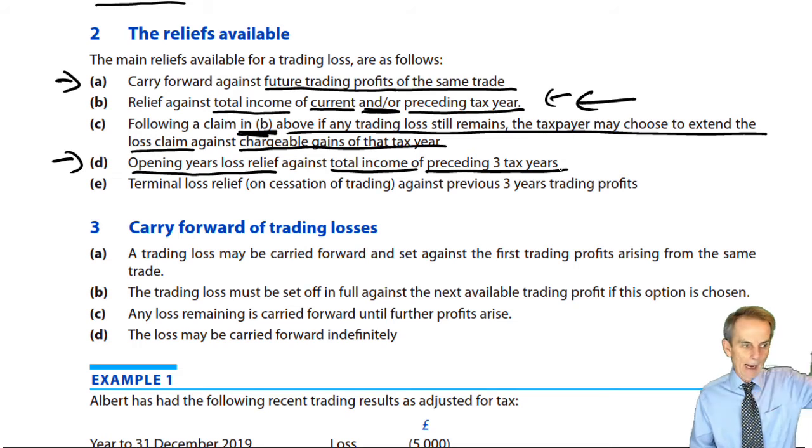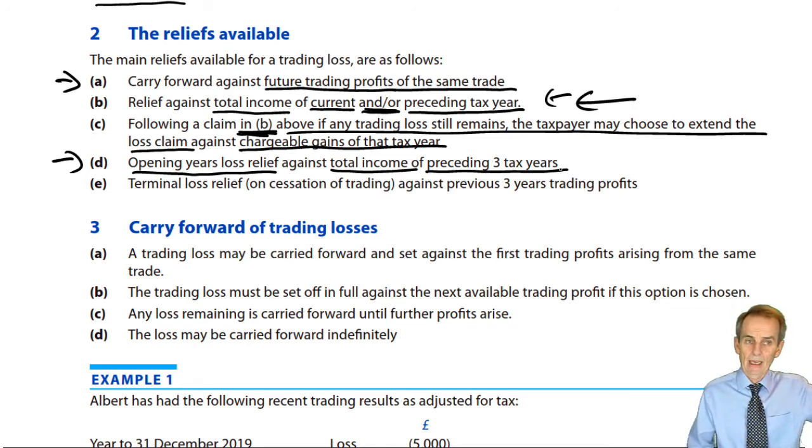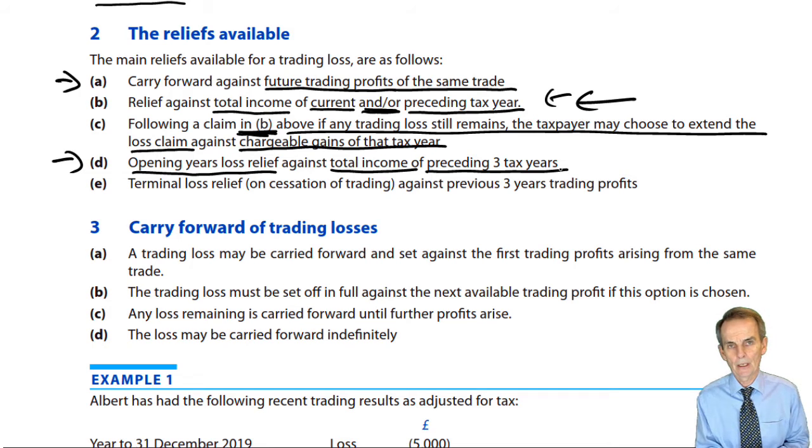Now, if you can go back 3 years, which you can with this relief, that means you could go against income not just of one of those 3 years, but it would be against all of those 3 years on a first in, first out basis, going to the earliest year first. And that means you could take out income of up to 1, 2, or 3 of those preceding years. And the downside of this is you'd have made a blooming great loss if this was able to go back that far.